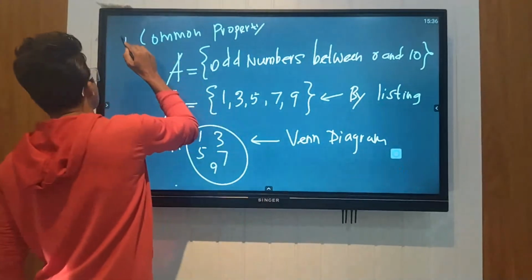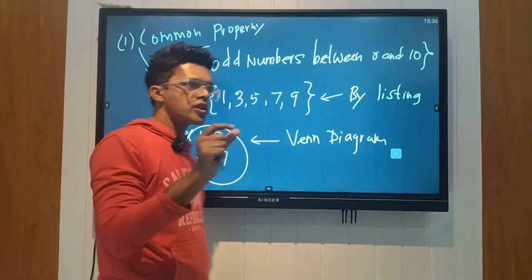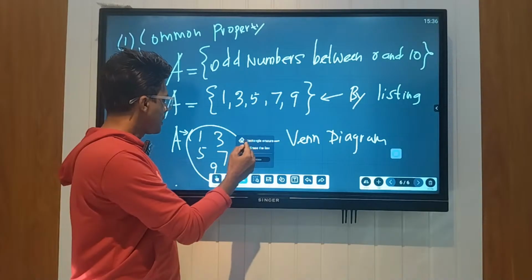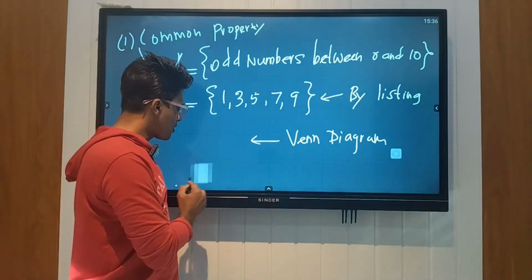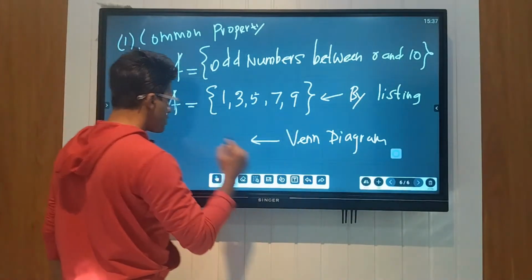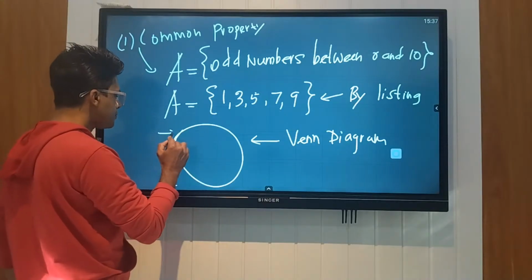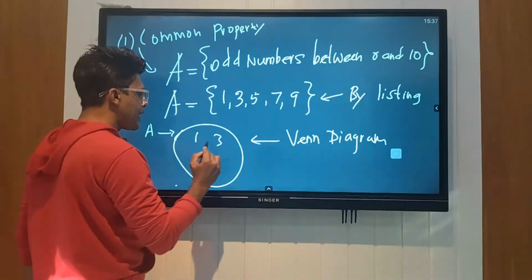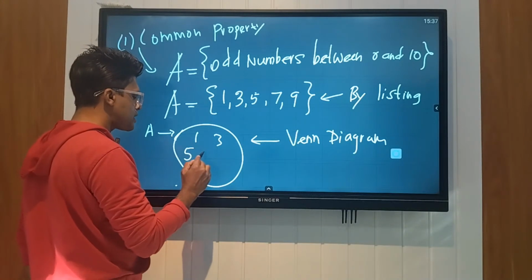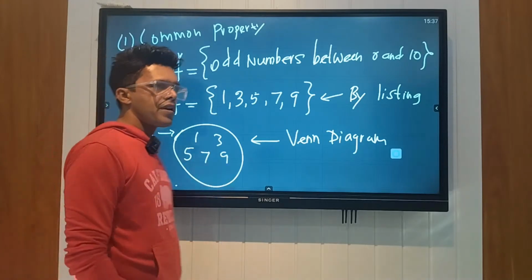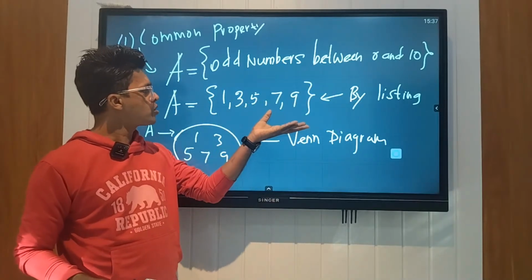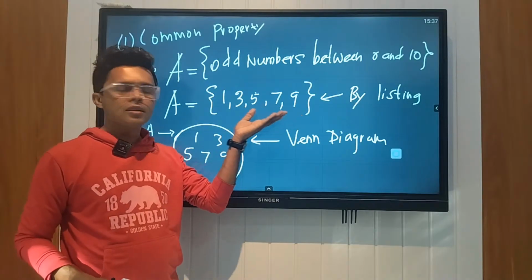Number one, you could consider a common property. Considering a common property, we give an idea about the elements of the considered set, but we do not write the elements of the set A. When it comes to the second way of writing sets, when you list out, then you need to mention the elements.